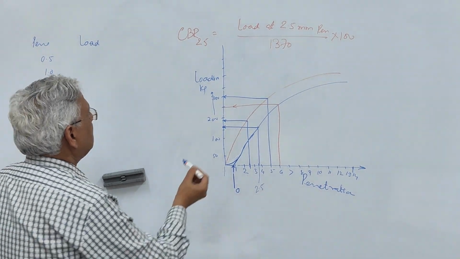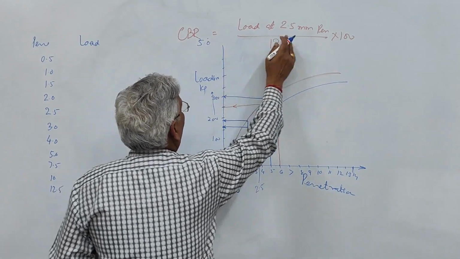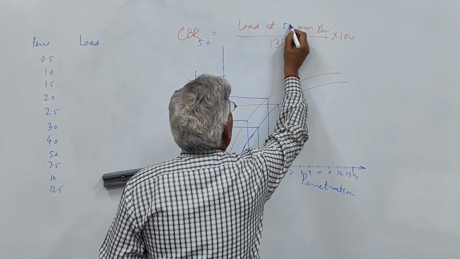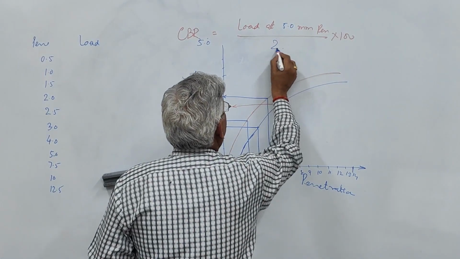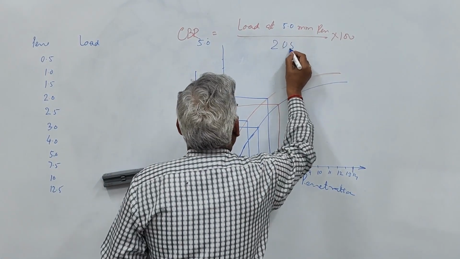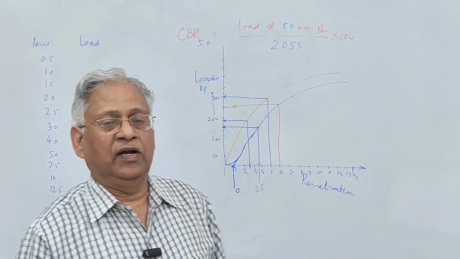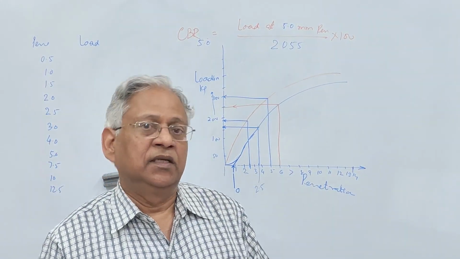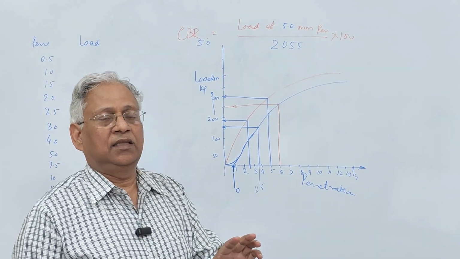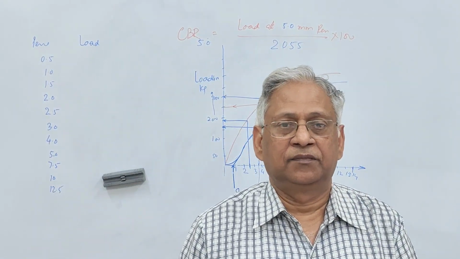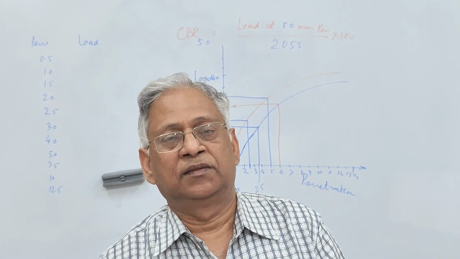Similarly, CBR at 5 millimeter penetration will be load corresponding to 5.0 millimeter penetration divided by the standard load. Now this standard load is 2055 kg. That is CBR at 5 millimeter penetration. Generally, CBR at 2.5 millimeter is higher than CBR at 5 millimeter, and the higher value should be accepted.